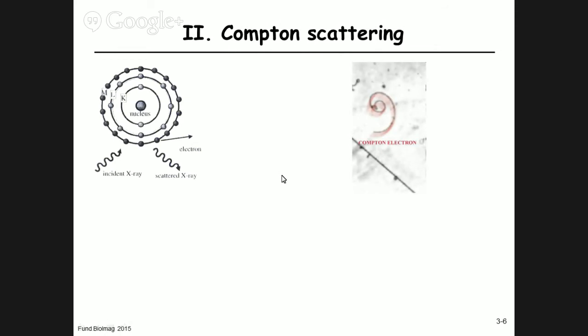Here's an example of a Compton electron. This is a cloud chamber where an X-ray came in from this end, liberated an electron, and the electron now ionizes the cloud. And this is a spiral form because this happens in a magnetic field.